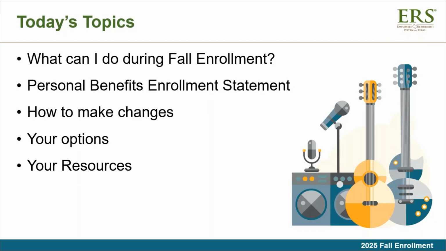And then we'll talk about the different benefit options that you have available to elect if you do choose to elect them. And then we'll also touch on how you would go about making those changes if you should need to make any changes, and then also point you to some resources. Again, this presentation is meant to give you an overview of your benefit options and what's coming for the new plan year.